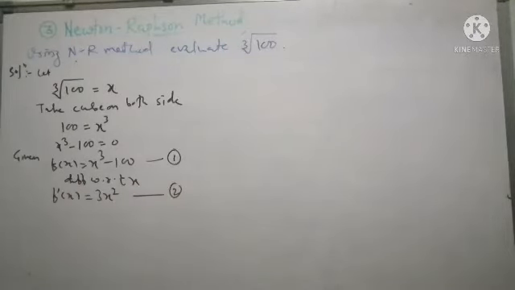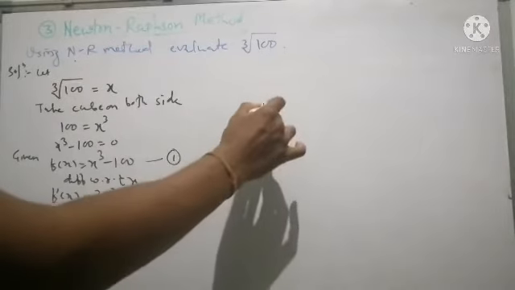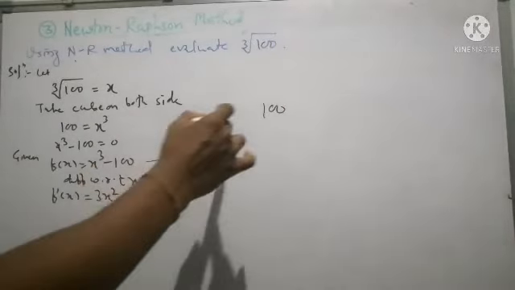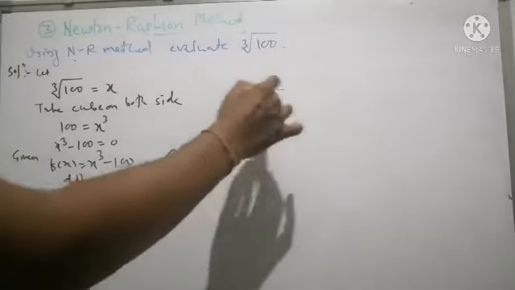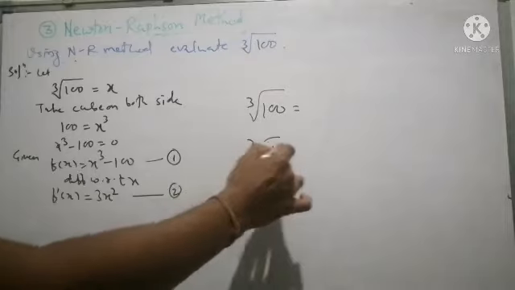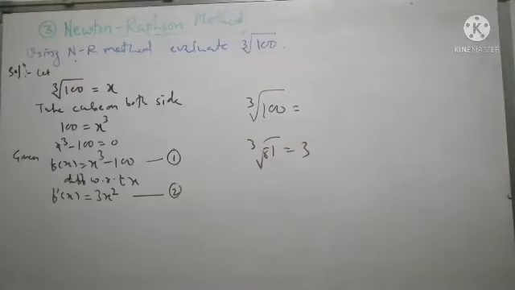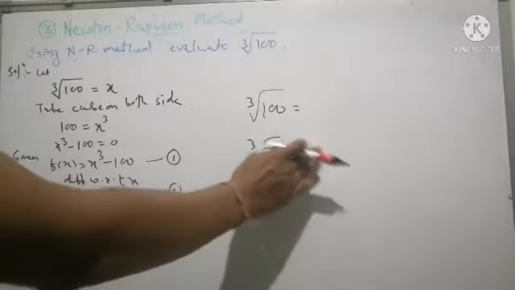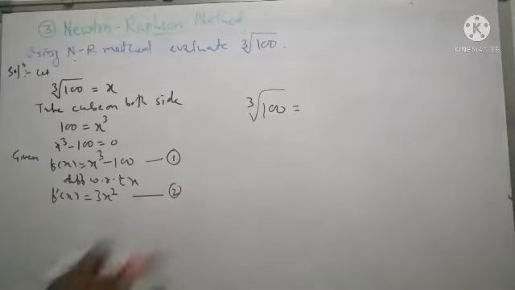Now in the Newton-Raphson method we need an initial root, not an interval in which the root lies. As we know, 100 is a number whose cube root we have to find. 81 is not a number whose cube root is 3.